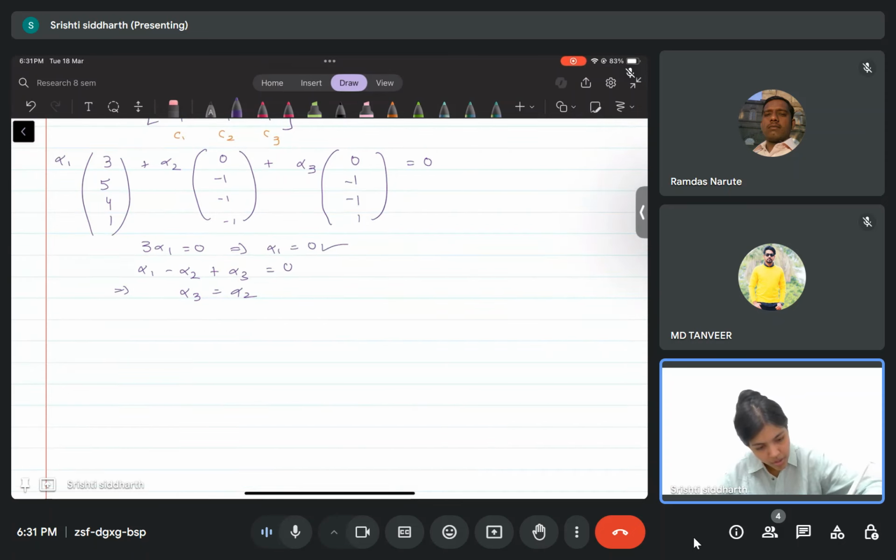Alright, so we have two conditions as of now. Let's see the second equation. 5 alpha 1 minus alpha 2 minus alpha 3 equals 0. This is 0, this goes away. And alpha 2 and alpha 3 are equal, so we simply have this.